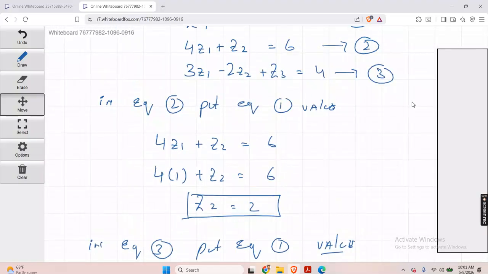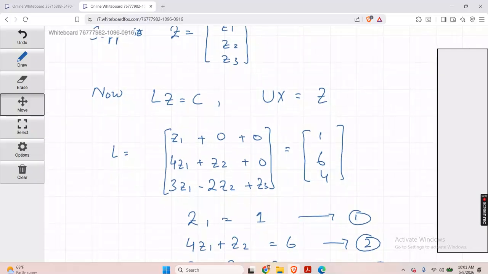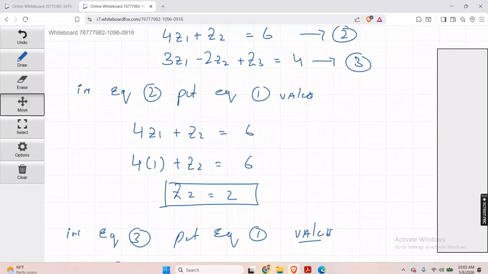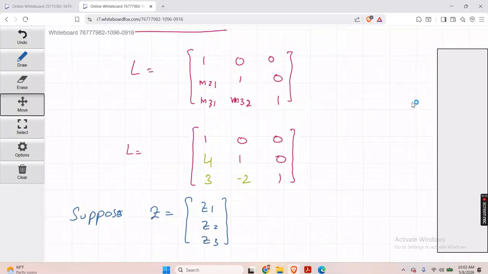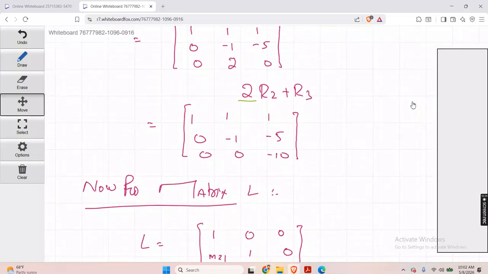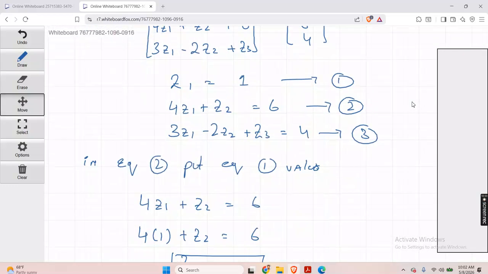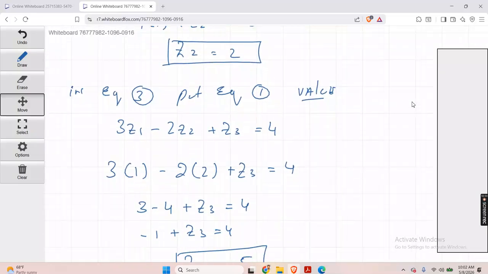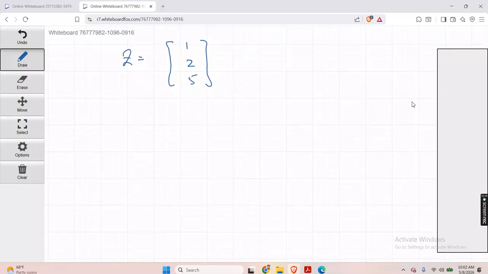Now we have to solve this one also, Ux = Z. U is this matrix. So Ux is equal to Z.